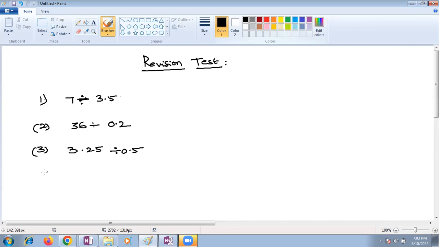Next, the fourth question was 30.94 divide with 0.7. Fifth question. Ma'am, total how many questions? 10 questions, children, 10 questions. 0.5 divided by 0.25. Each question carries 1 mark, children.